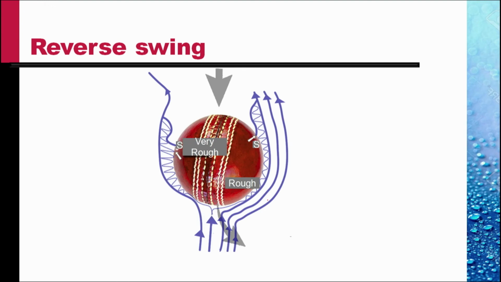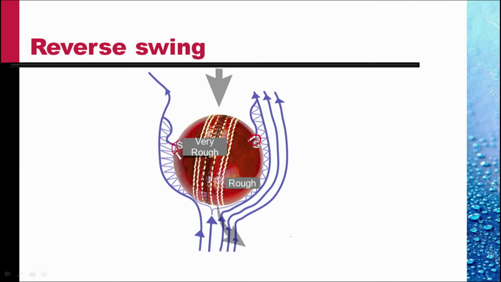In this situation, on the rough side, the transition does take place. We have separation here. On the very rough side, again the transition takes place, but on the very rough side, the skin friction is now predominant.